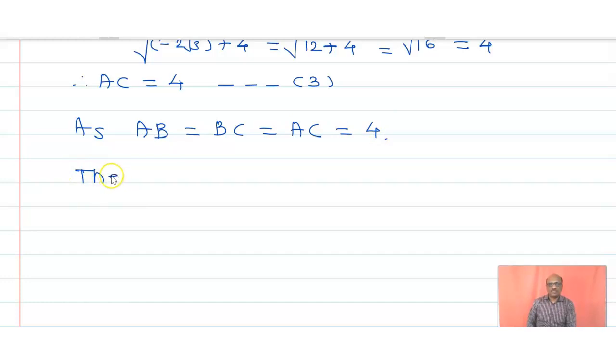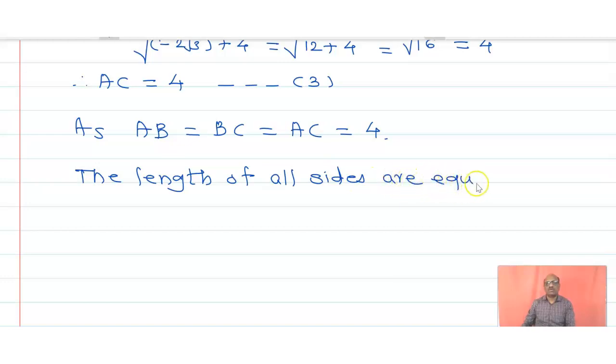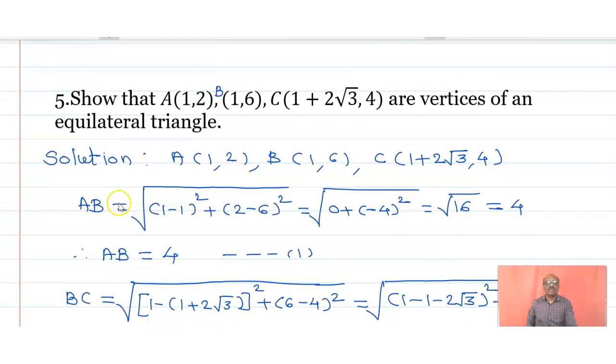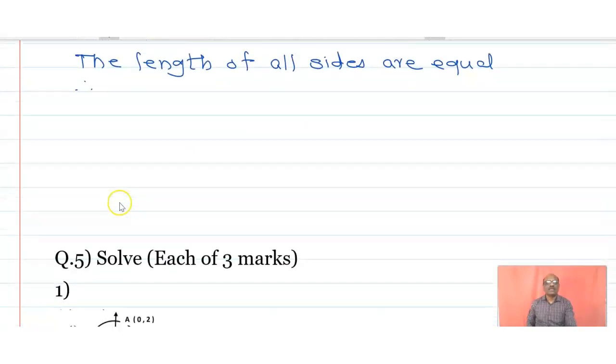The length of all sides are equal, therefore ABC are vertices of an equilateral triangle.